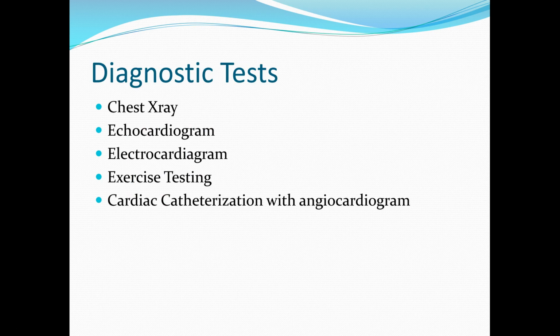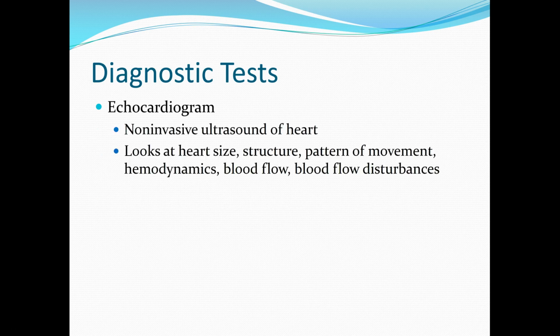Diagnostic tests that are used throughout it, and I talk about them in each defect, so you don't have to know these in depth right now, but chest x-ray, echocardiogram, electrocardiogram, exercise testing, and a cardiac cath with angiocardiogram. An echocardiogram basically is going to confirm the diagnosis and the severity of CHF.